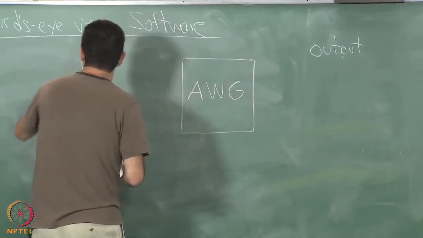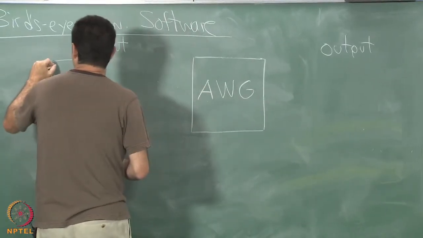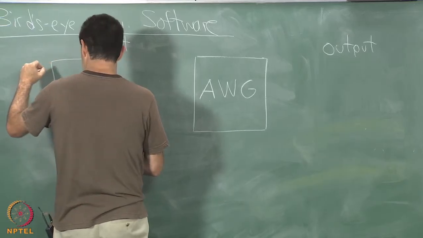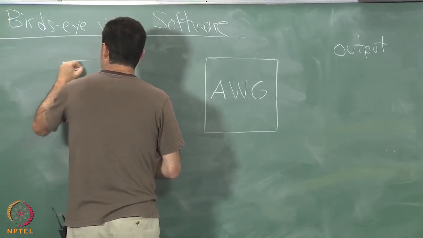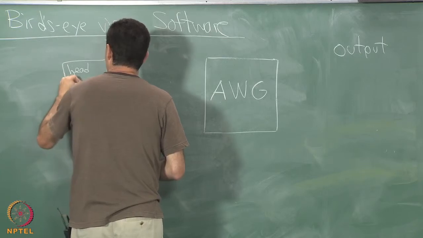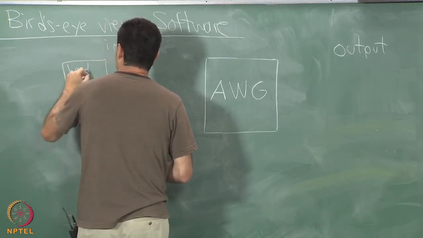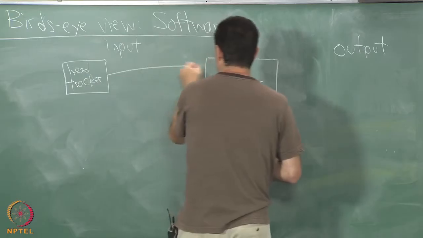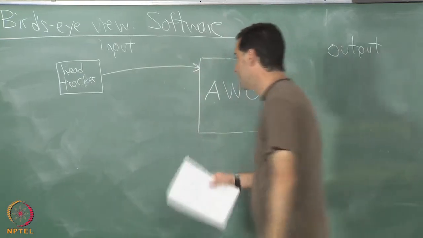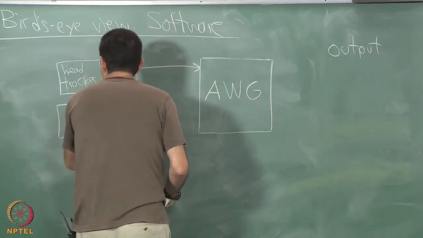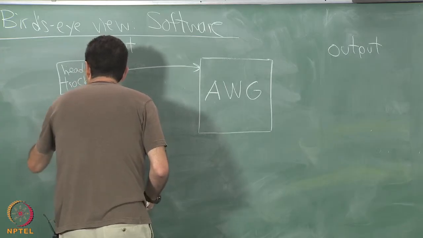On the input side we get information from, let's say, a tracker. Maybe just a head tracker, going into this AWG. Maybe a game controller.